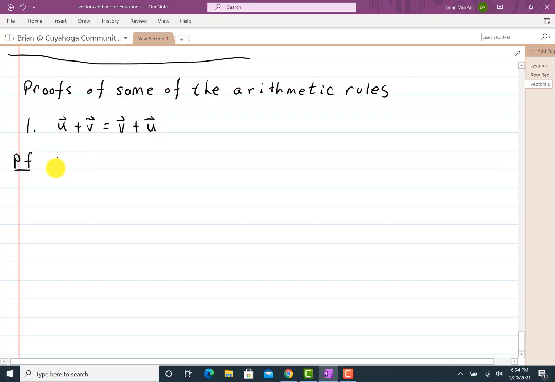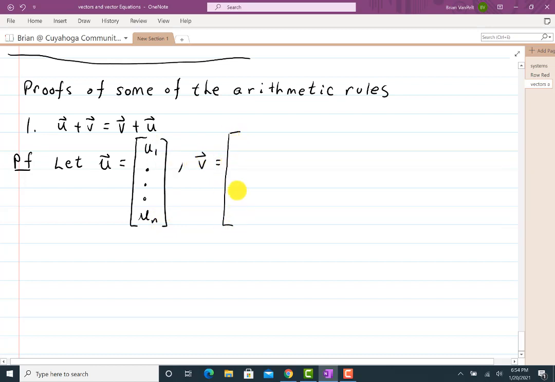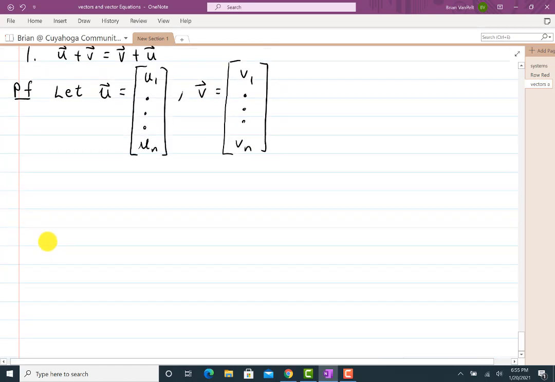What we can do is let u equal u1 up to un, and let v equal v1 up to vn. Okay, so these are full sentences too.